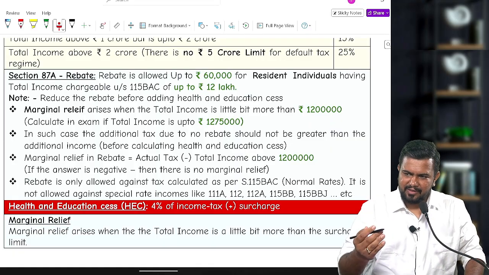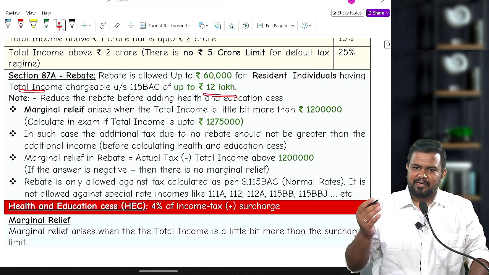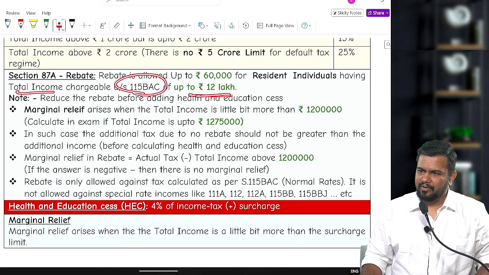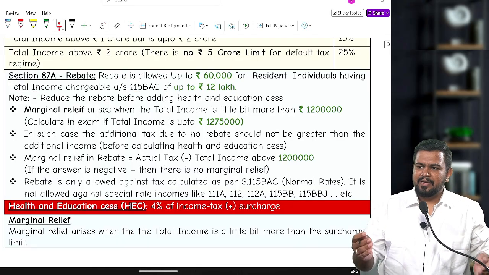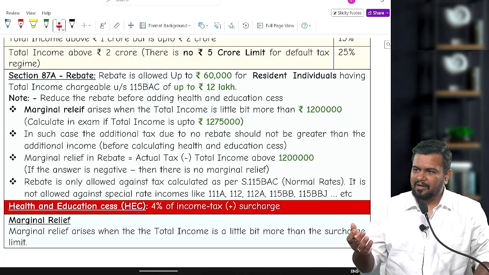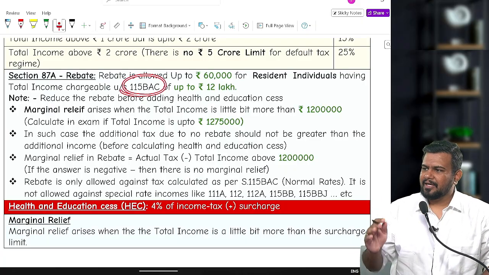Some faculty will tell you, some books will tell you total income up to 12 lakhs. Some books will tell you, including mine, that only total income under 115BAC up to 12 lakhs. Personally speaking, this year it is very clear by the income tax department, by the central government, that the total income should consider only 115BAC, not the other incomes.